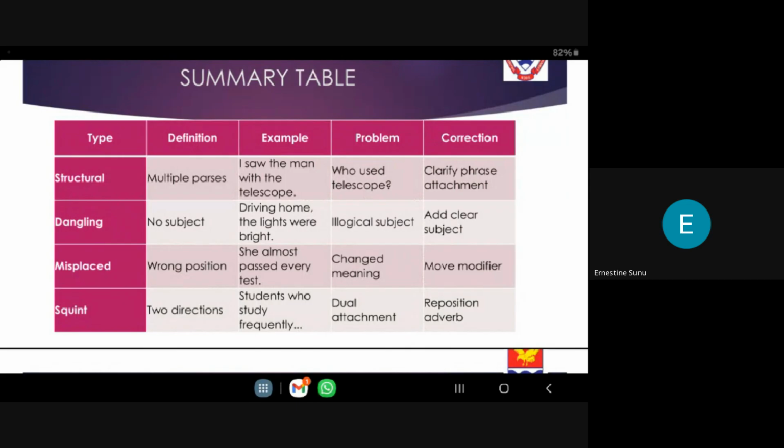Dangling means there's no subject, so you have to introduce a pro-subject to get your sentence disambiguated. Misplaced modifiers: you have wrongly placed the modifiers in the structure. Squint modifiers have divergent views, so you don't know which is which. So what do we do? Place the modifier close to what you are modifying. Please, the next one.